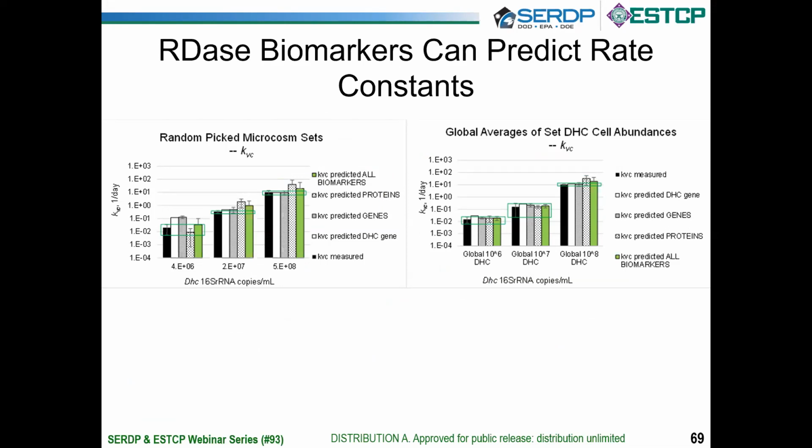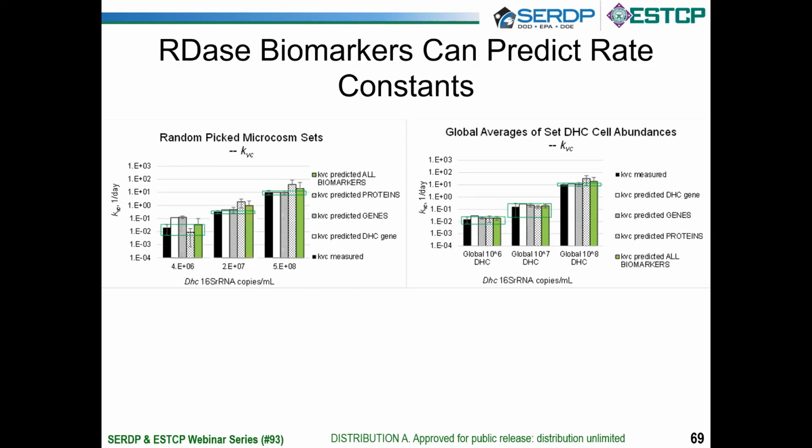We randomly picked microcosm biomarker abundances that corresponded to 10⁶, 7, or 8, and then used those biomarker abundances, input them to the regression equations, and predicted rate coefficients. Or we looked at the global average of the biomarker abundances over the range of DHC cell concentrations, then used those average biomarkers, input those abundances into the regression equation, and predicted the rate coefficient.